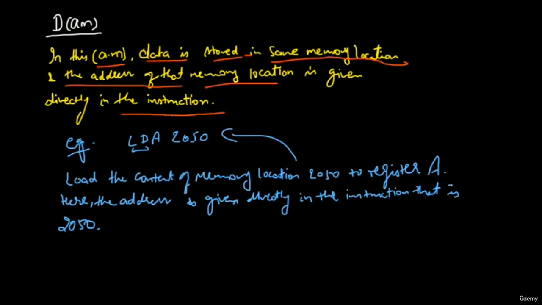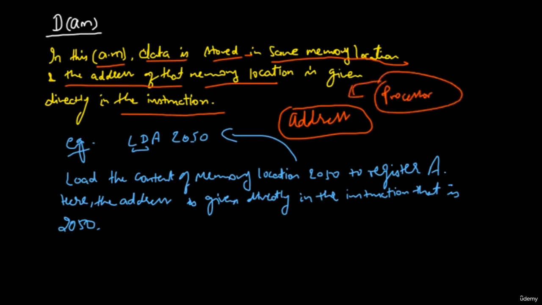So it will not tell me what the data is. Instead, it will tell me what the address itself is. The processor knows what the address is, and once you reach the address, you can surely have the data. So the load instruction doesn't tell you the data, it tells you the address. That's all it is.